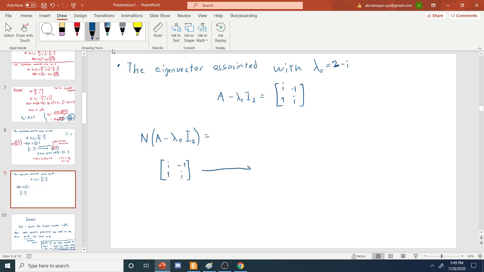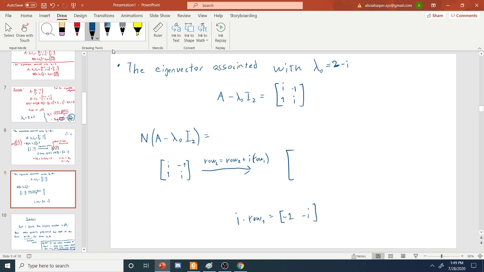What we're going to do is note that we can do the row operation of setting row 2 equal to row 2 plus i times row 1. Watch what happens if I take i and multiply it by row 1. Well, I get i times i, which is negative 1. And then I get negative 1 times i, which is negative i.